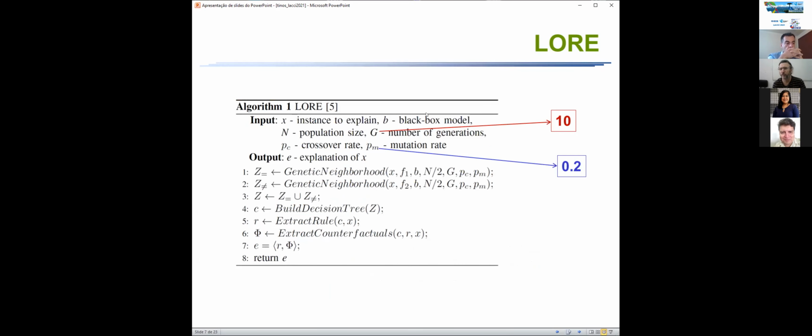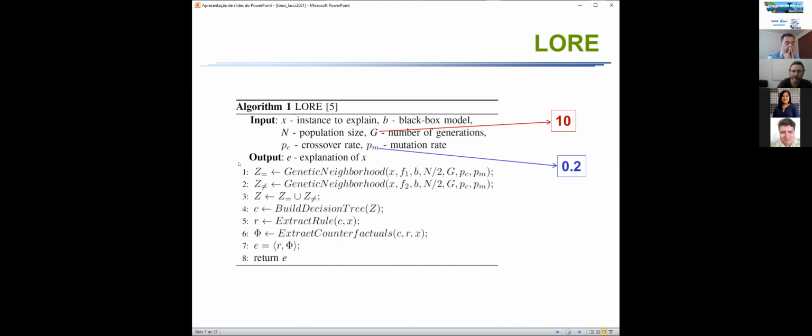Here is the pseudocode of LoR, and we can see that we use two genetic algorithms, one with a fitness function that gets instances closer to the instance to be explained, but with the same label, and another one that uses another fitness function, where we want to get instances close to the one to be explained, but with a different label.